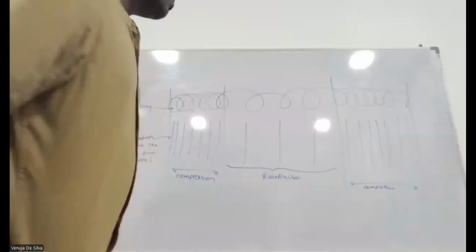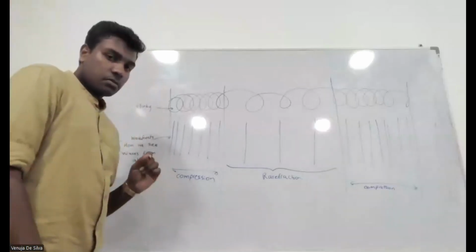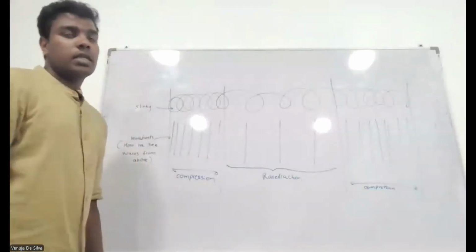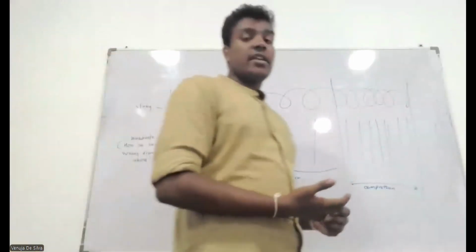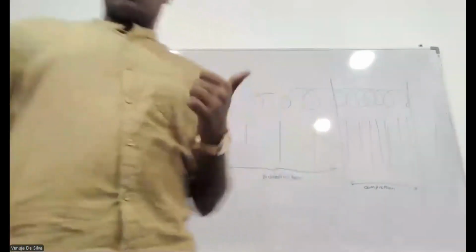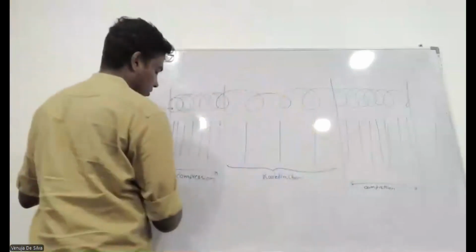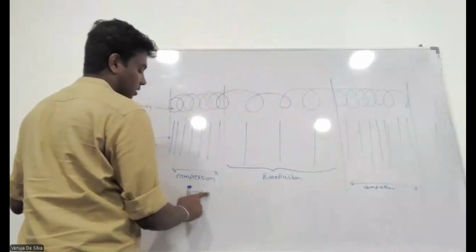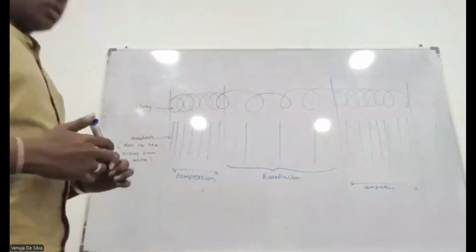After this point, we will be writing definitions, defining what compression and rarefaction are. Underneath this diagram, you write down compressions and put an arrow, and then write down the definition.